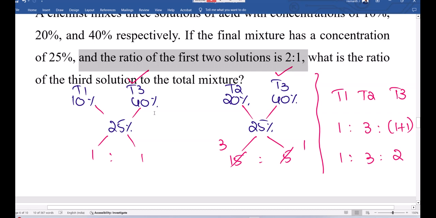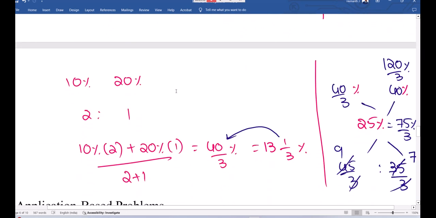We would take 10 and 40, 20 and 40, and see what the resultant is. But here they gave that the first two solutions are mixed in 2:1. The first two mixed in 2:1 gave the result 13 1 by 3. Now the other one, the third product, is 40. Mixing that, we get a 9:7 ratio.